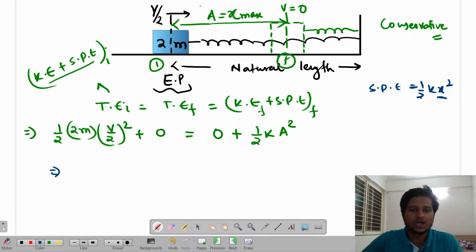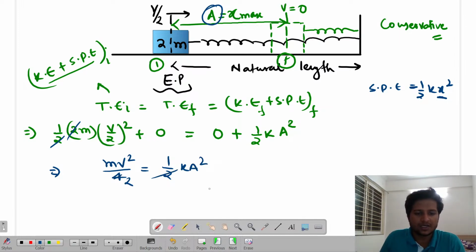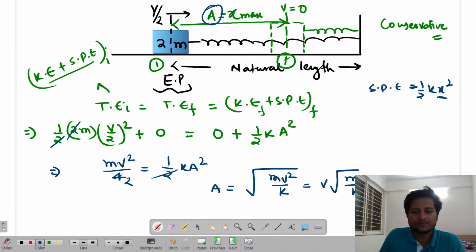How much are we displacing? We are displacing equal to amplitude. So 2 cancels. This is mv square by 4 equal to half kA square. What am I left with? A is equal to root under mv square by k, that is v root under m by k.